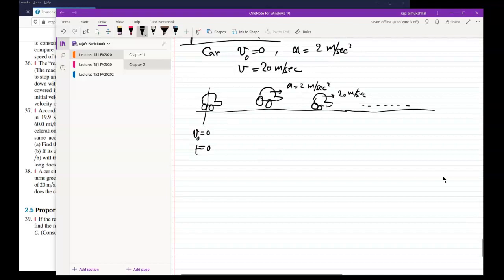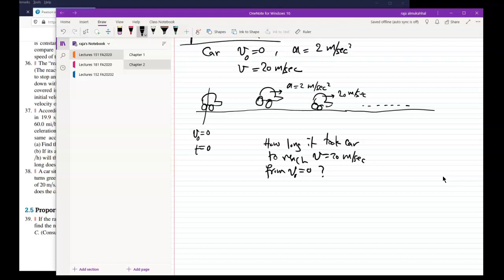How long did it take the car to reach v equals 20 meters per second from v naught equals 0? I want to know that, because he wants to know the total distance.